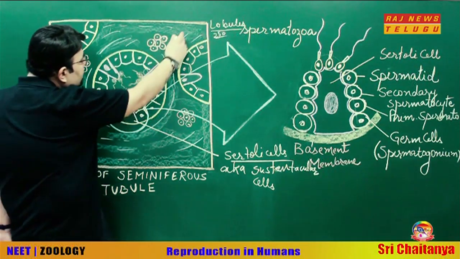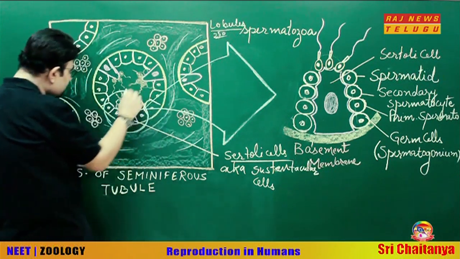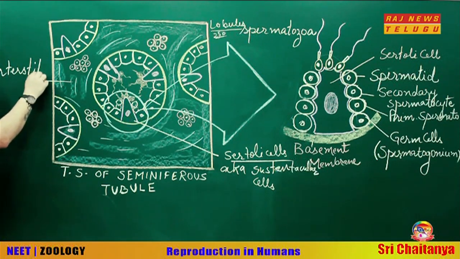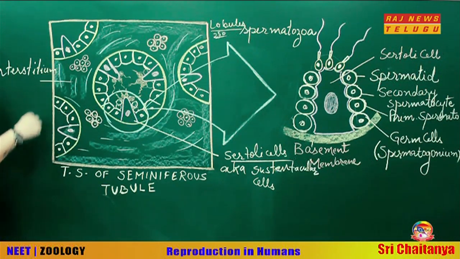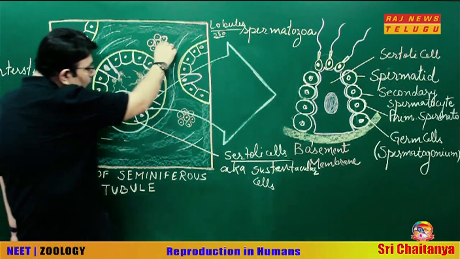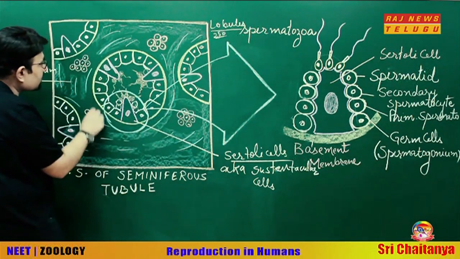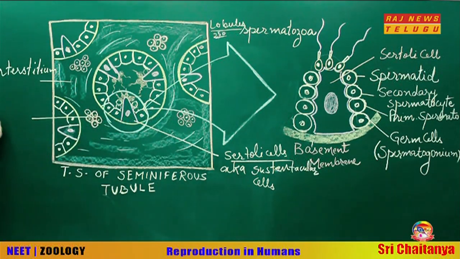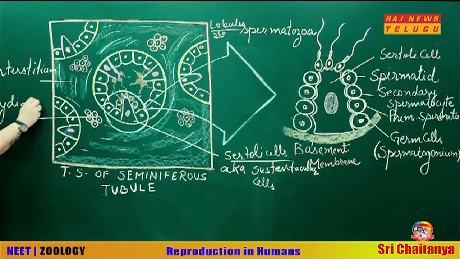This is the interstitium. This is the ground tissue, also called the interstitium. And these are some group of cells in the interstitium. And can you recall what these cells are known as? Yes, these cells are called the Leydig cells.